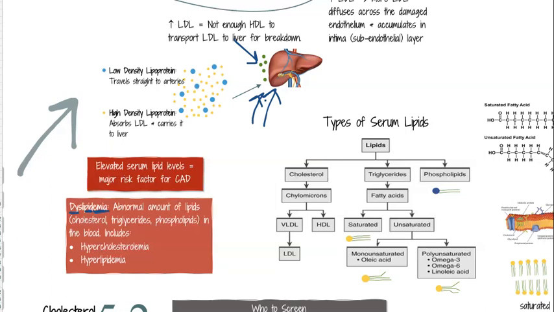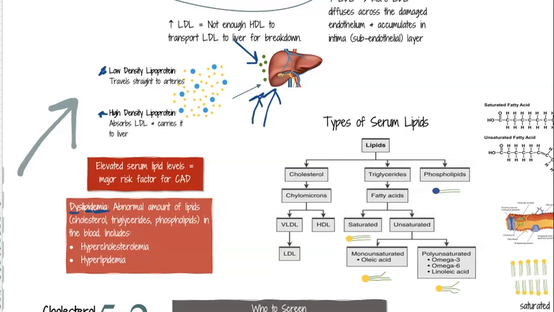So your body needs high density lipoprotein in order to rid the body of low density lipoprotein. I just want you to ignore these dots here. I'm sorry, but they're opposite.